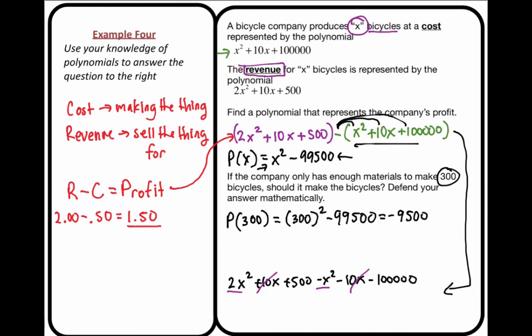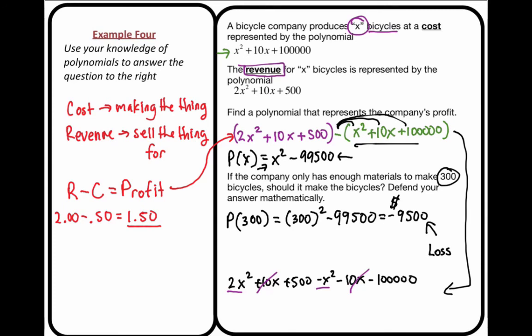And that is going to be dollars. And so would it make sense that they want to just do 300 bikes? And the answer is no, because you would be losing money. You'd be taking a loss. Okay, so they would need more material to go ahead and turn a profit.